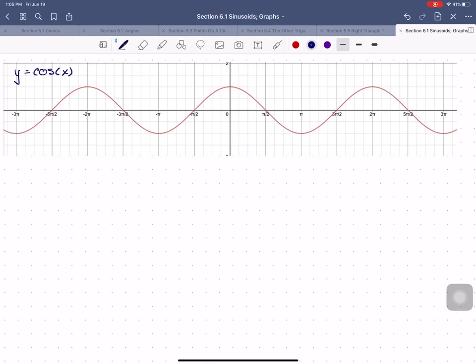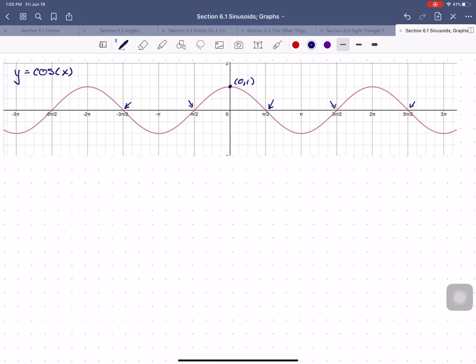A couple of things to notice. The cosine function goes through the point 0, 1 and hits 0 at pi over 2, 3 pi over 2, negative 3 pi over 2, and we go on doing this forever.